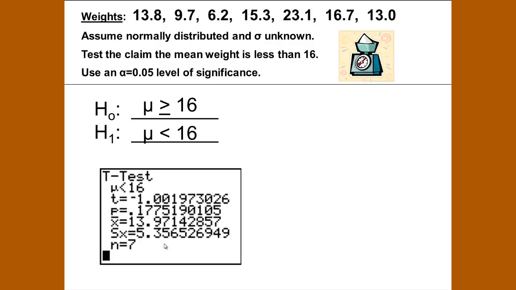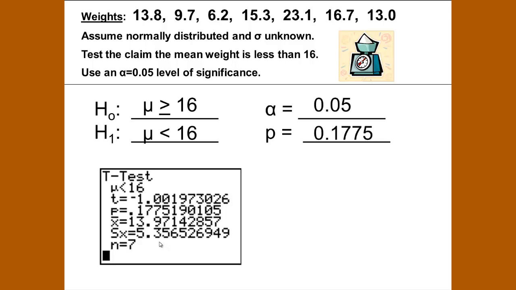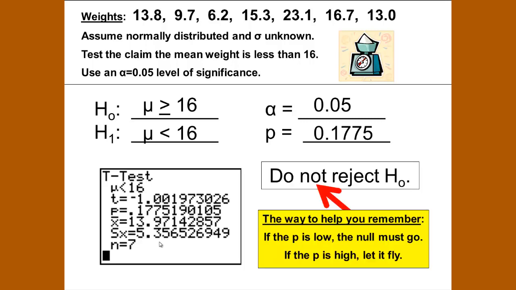Our test results from the calculator, and our alpha being 0.05, and our p-value given at 0.1775. Since the p was high, we do not reject H0. The way to help you remember: if the p is low, the null must go. If p is high, let it fly.